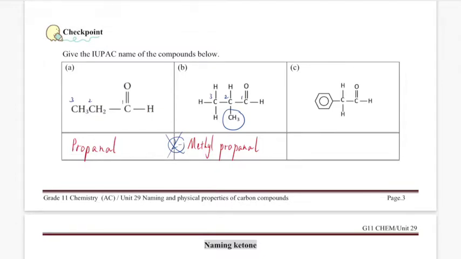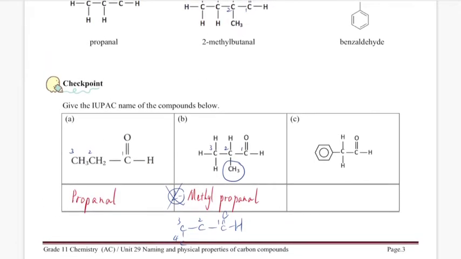If you added a 2, it cannot be at position 3, otherwise it will become this. Now the longest carbon chain becomes 1, 2, 3, 4, so it becomes butanal instead of propanal. So there's only one way to put this methyl group, so there's no need to put 2 in front of this methyl. The name should be methylpropanal.